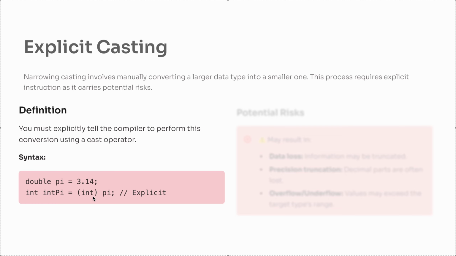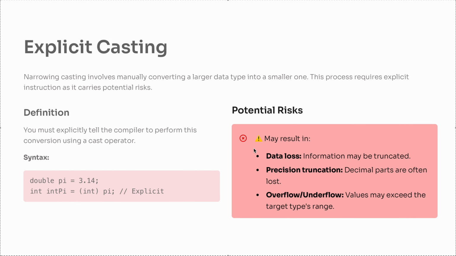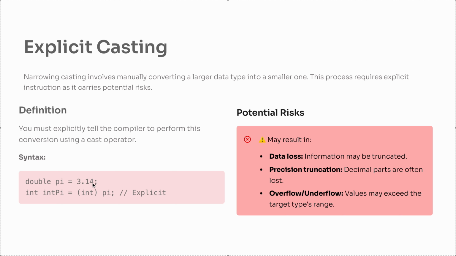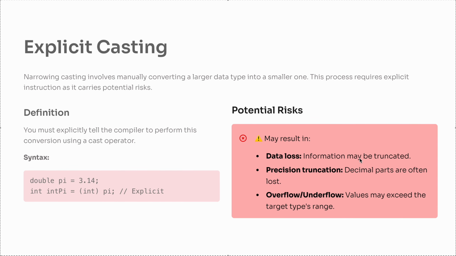The problem here is that since int is a whole number, we cannot hold the decimal point. You lose the information. That's a problem. Sometimes you may see data loss. We have lost some of the data, like decimal places, information may be truncated.